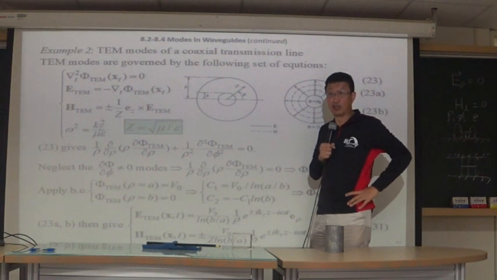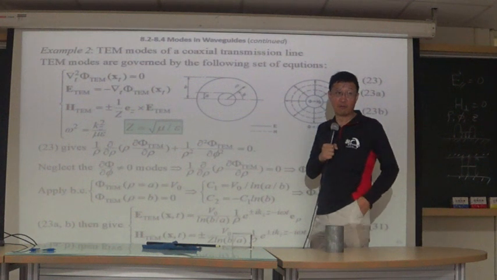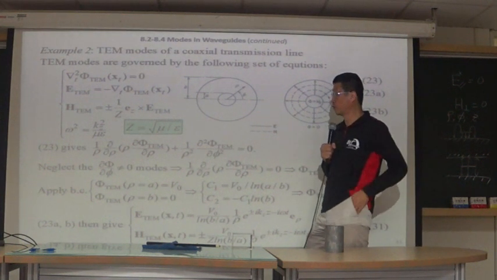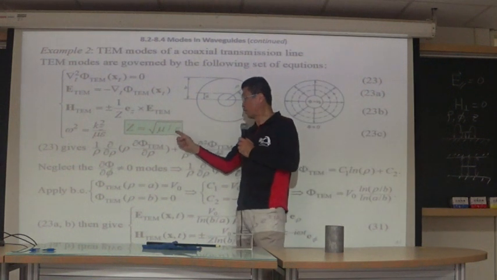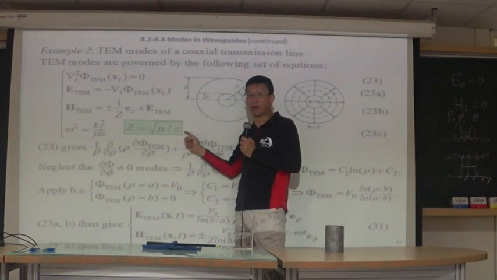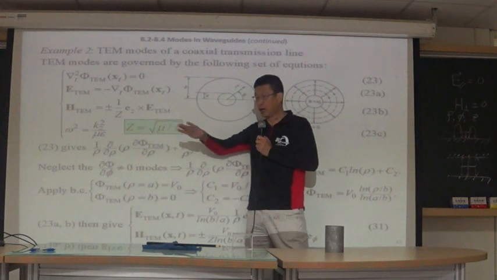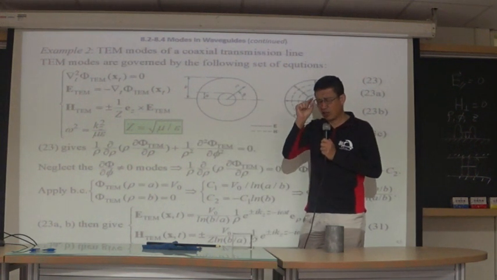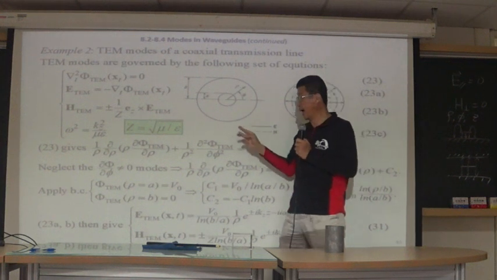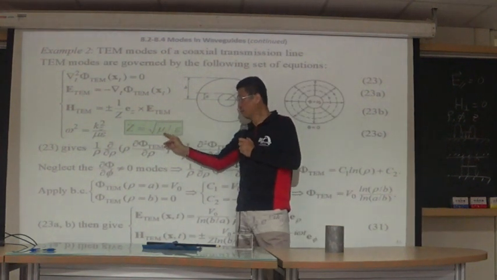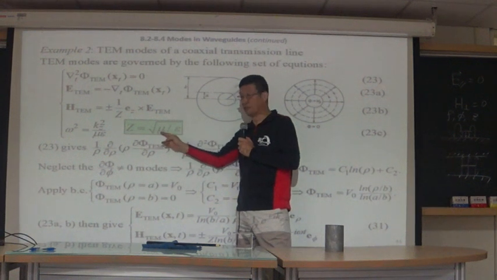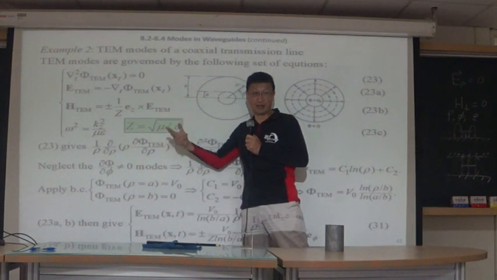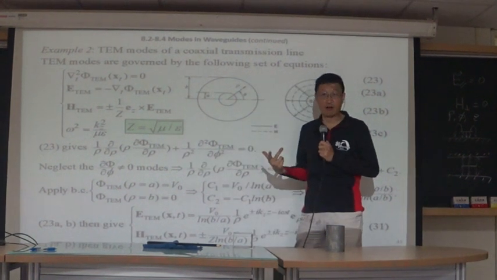We prefer Teflon because its dielectric constant epsilon is small, roughly 2.1, and very uniform, with almost no frequency response, and luckily the permeability for Teflon is μ0. That's why we like Teflon.